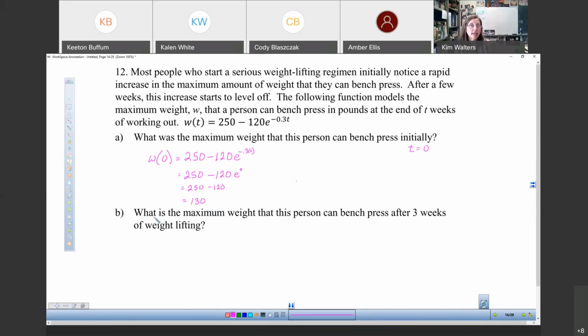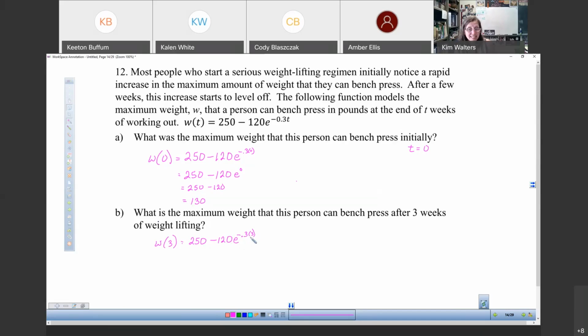Now, after they started working out and practicing, after 3 weeks, we want to see what the maximum weight they could bench press was. So now we need to find W of 3. And so 250 minus our 120 times e to the negative 0.3 times 3 power.